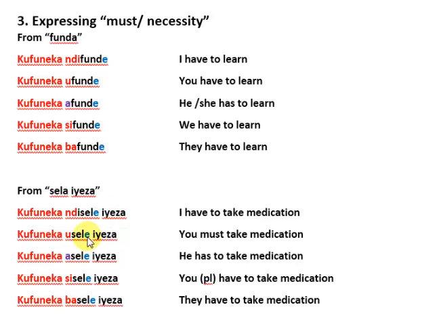Kufuneka usele iyeza, you must take medication. And here our problem, our exception, kufuneka asele iyeza. He has to or she has to take medicine. Kufuneka sisele iyeza, we have to take medication. And kufuneka basele iyeza, they have to take medication.